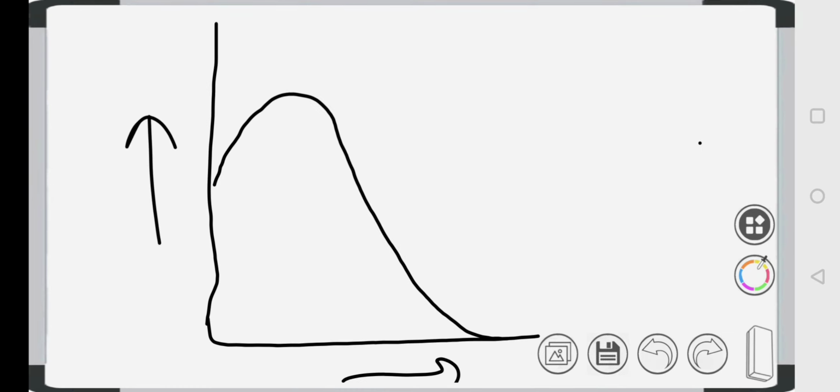So the unexpected behavior of this continuous curve in case of beta decay can be explained by neutrino hypothesis. Here along the x-axis we take energy of beta particle. Here number of beta particles.